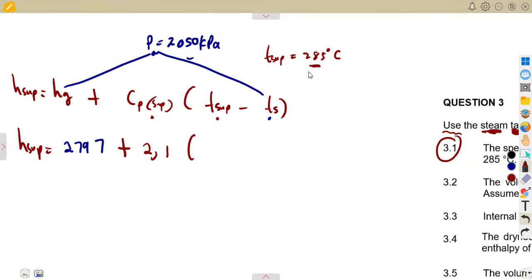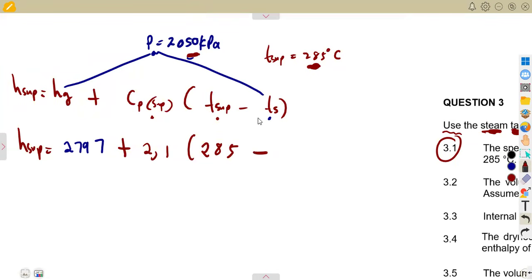That's the temperature, and it goes together with the pressure. At a pressure, there is a corresponding superheated temperature.